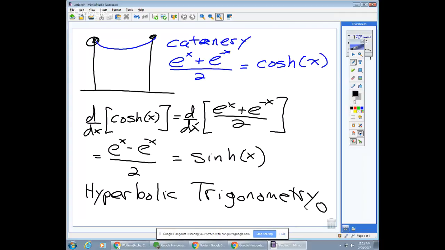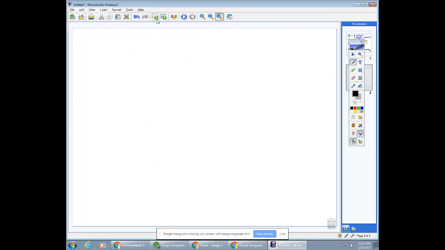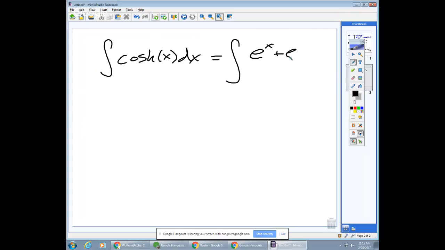Yeah, and even better, what happens if we take the antiderivative or integral of the hyperbolic cosine? Well, that means we're just taking the integral of e to the x plus e to the negative x over 2. And just like derivatives, constant multiples hang around, so we're still going to have that division by 2.